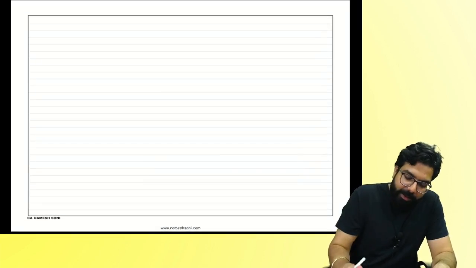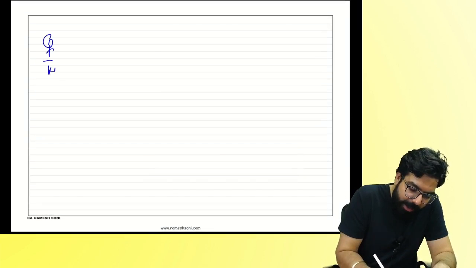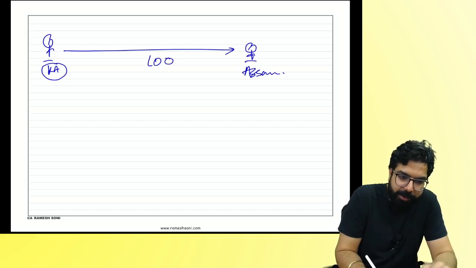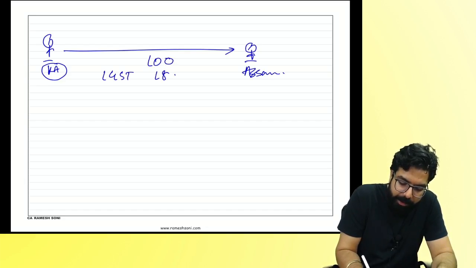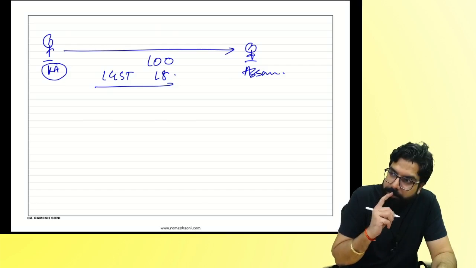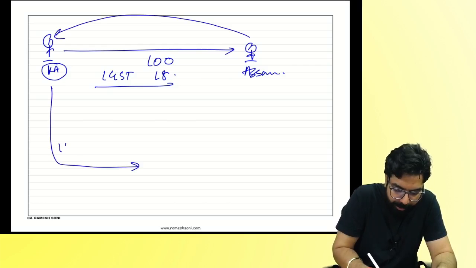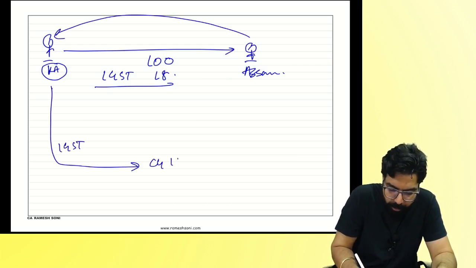Sir, I sold goods. I am in Karnataka, and this guy is in the state of Assam. Okay? 100 rupees of goods. What will I charge, everyone? 18 rupees. How much will I give to the government? Central government, 18.